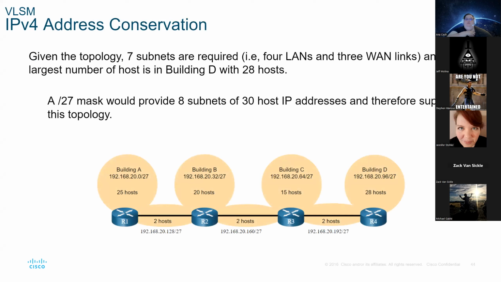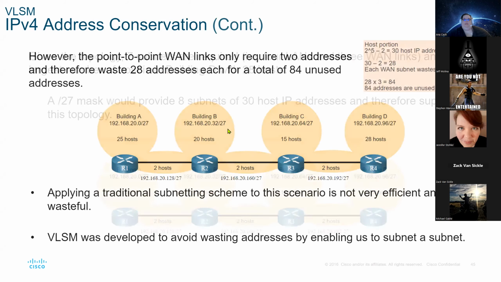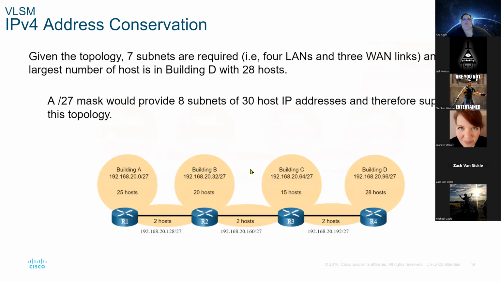Okay, address conservation is what they were talking about a little bit there. Basically, when they're doing address conservation, they want to allocate their subdivision of the network so that they lose the least amount between sites.